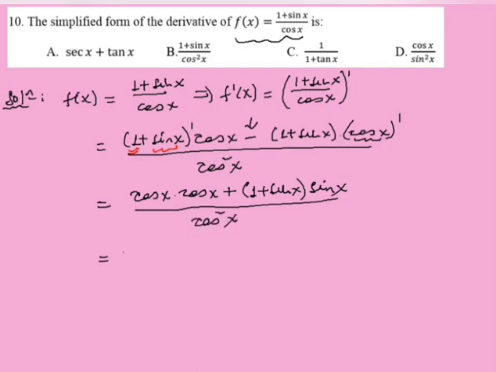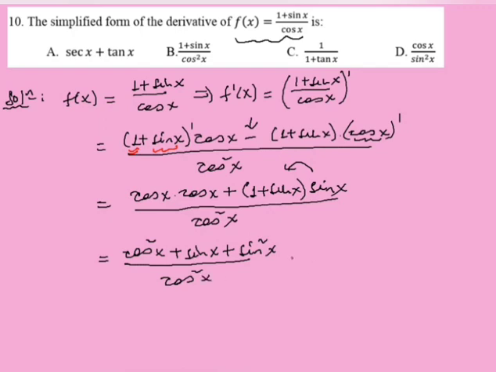So this becomes cos square x plus, multiplying the sine x here, sine x plus sine square x over cos square x.